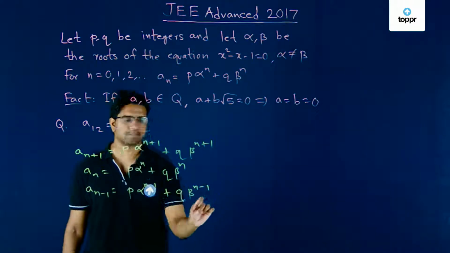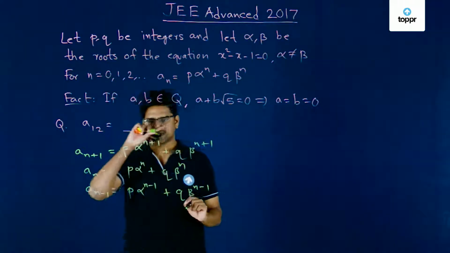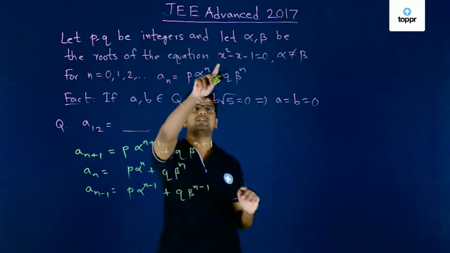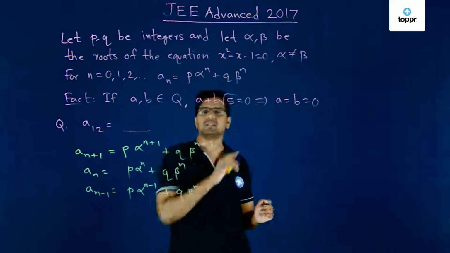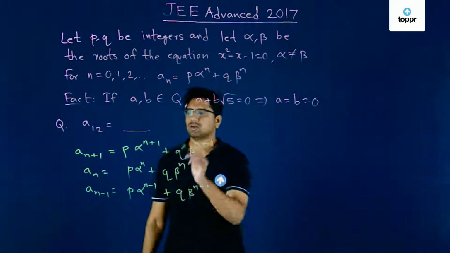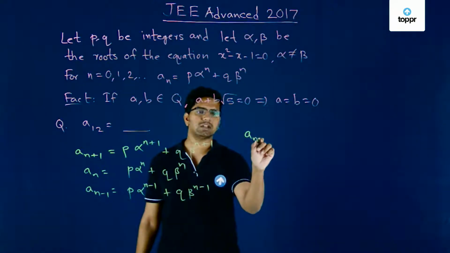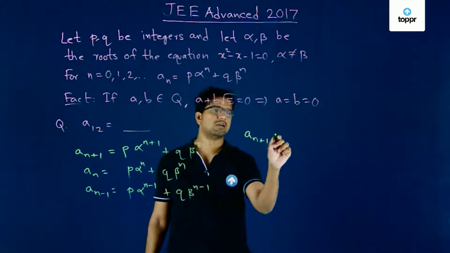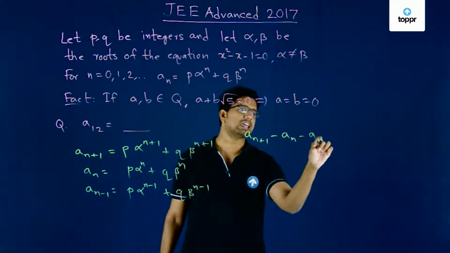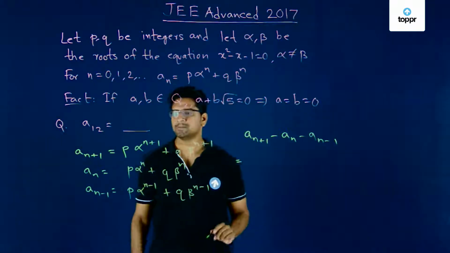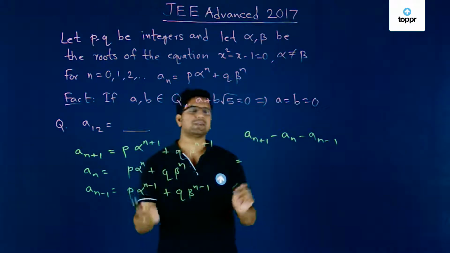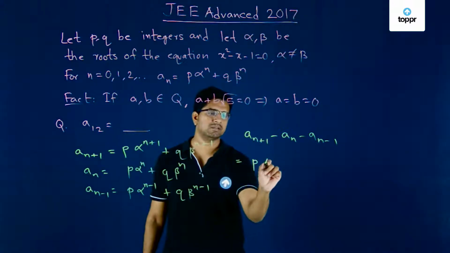So have a look at this expression, it is x square minus x minus 1. Okay, so if we take a n plus 1 minus a n minus a n minus 1, let's see what happens. We can always take p alpha power n minus 1 common, right?